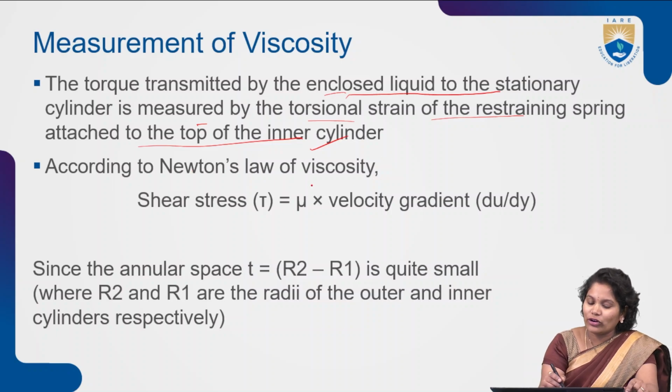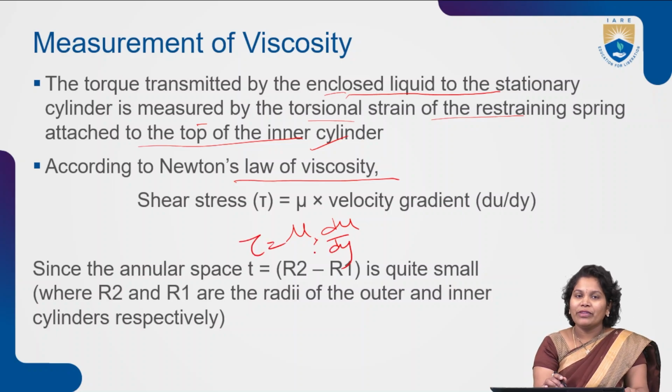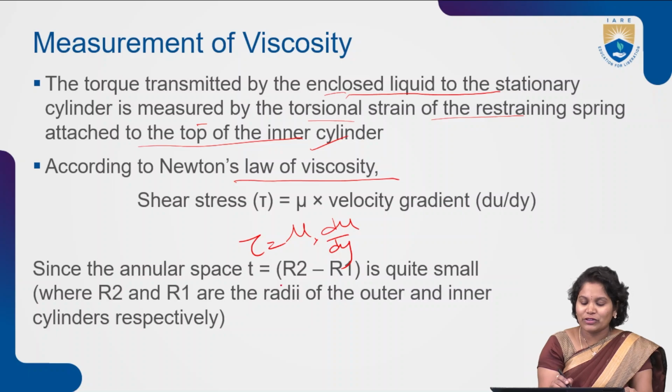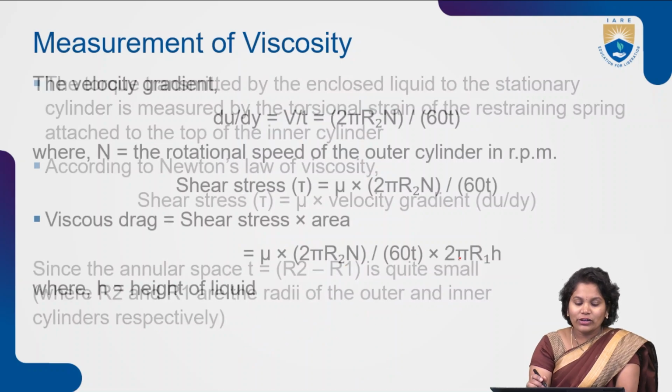Here also, according to Newton's law of viscosity, tau is equal to mu into du by dy. The annular space t is equal to R2 minus R1, which is quite small compared to the radius of the outer and inner cylinder.